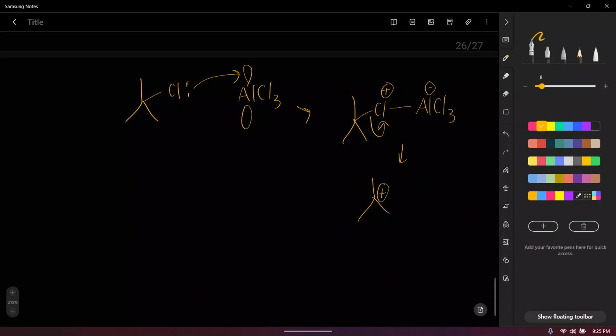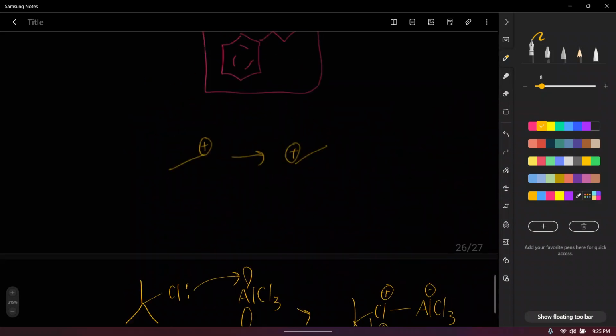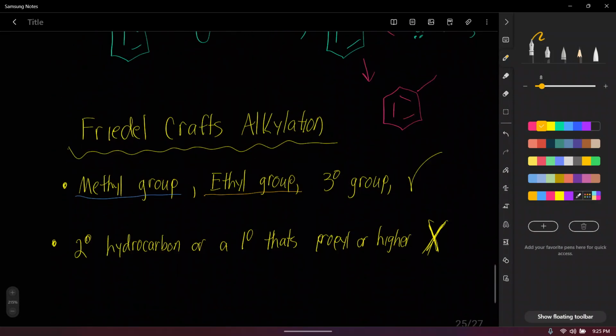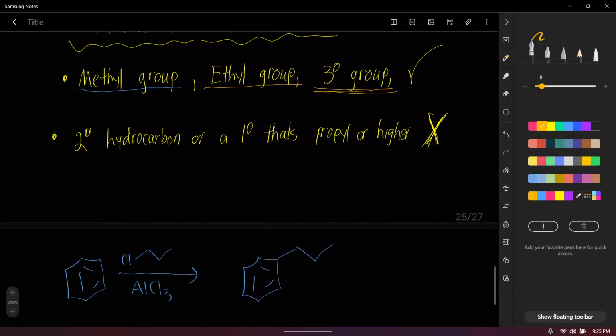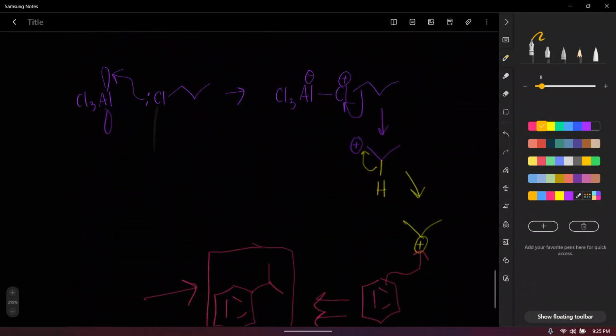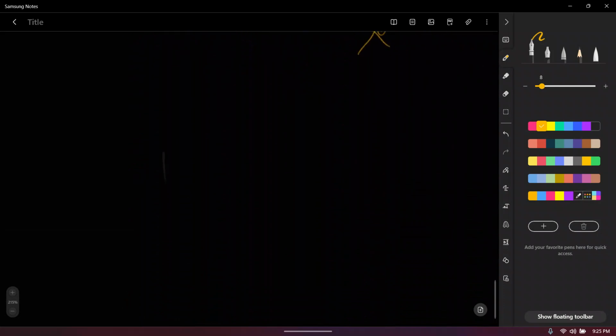Okay, and that carbocation is as stable as it could possibly be, so it's not going to rearrange, and therefore tertiary centers work really well for Friedel-Crafts alkylation as well. Okay, but a secondary is not going to work very well, and a primary is not going to work very well either. Okay, because of the fact that you will get these sort of terrible rearrangements, and so the thing that you're trying to get will not actually be the thing that you wind up getting.